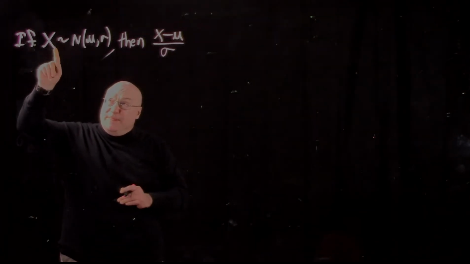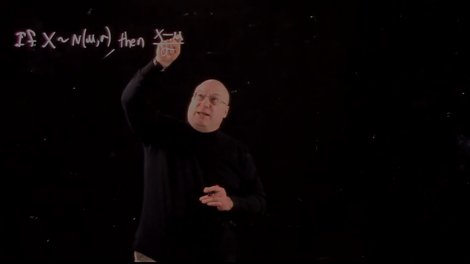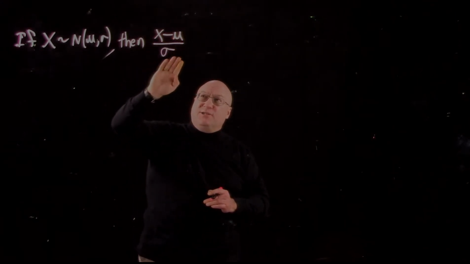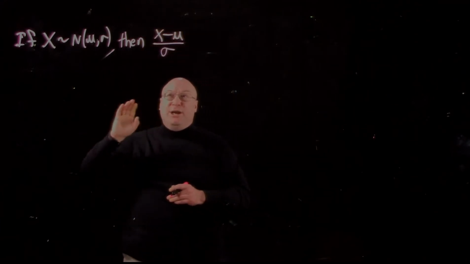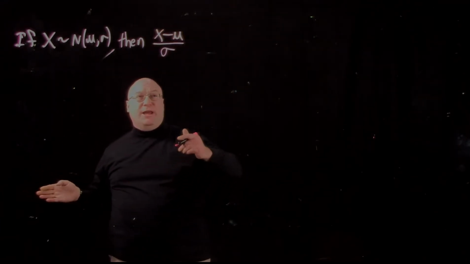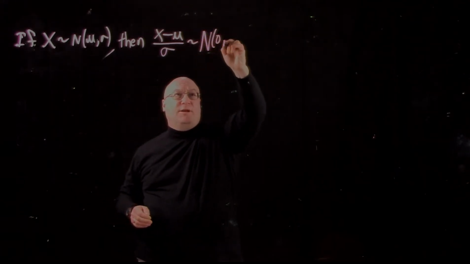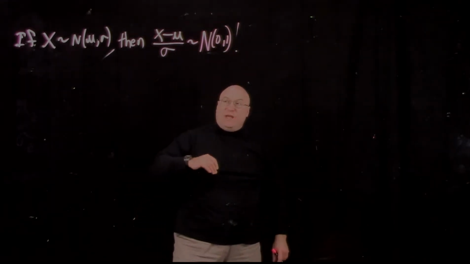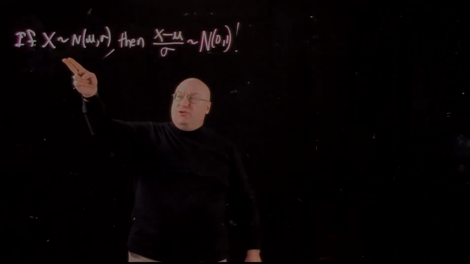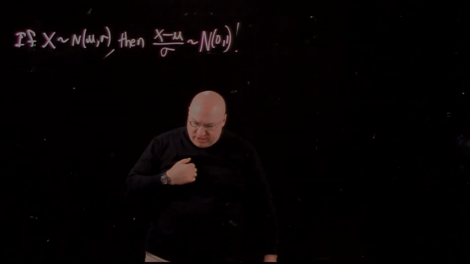But my point here is this is a random variable. I'm subtracting a constant and dividing by another constant. The result is another random variable. It's transformed somewhat, but it's another random variable, and that random variable is normal 0, 1. All right, so that's pretty terrific. We can convert from a generic normal random variable to the z random variable.